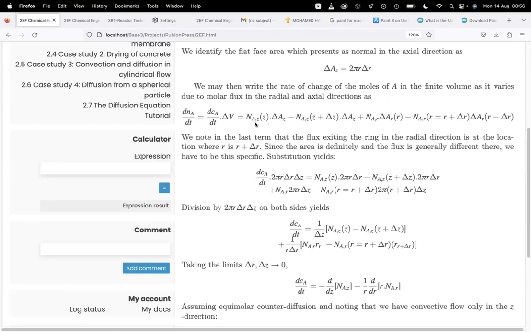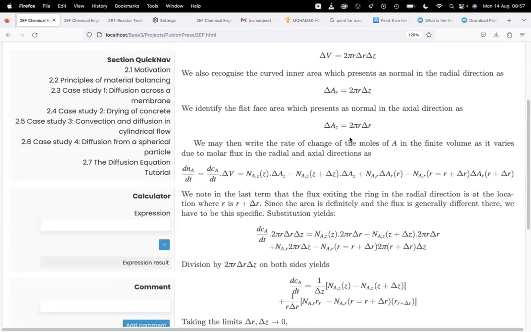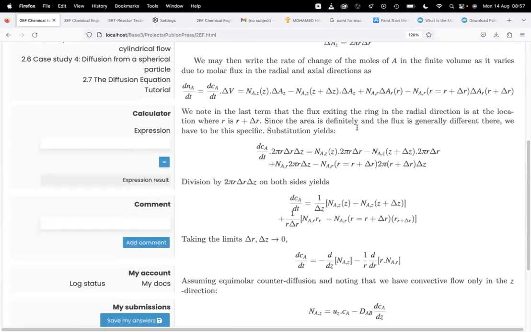And it's two terms for in and out. So in the axial direction, we are entering that ring at position Z, and we are leaving it at position Z plus delta Z. So this is the flux at position Z in the axial direction. That's the flux in the axial direction at Z plus delta Z. And then we've defined the area that's normal to that, so delta A_Z is that one.